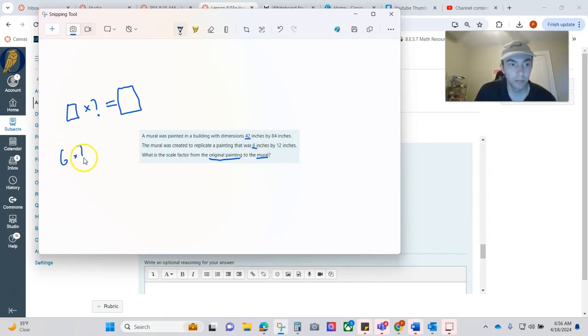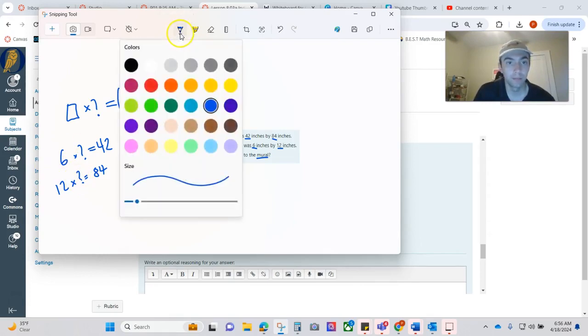And 12 times what is 84? This question mark is our scale factor. How much are we scaling up this picture? What are we timesing each side length by? Let's find our scale factor one math sentence at a time.